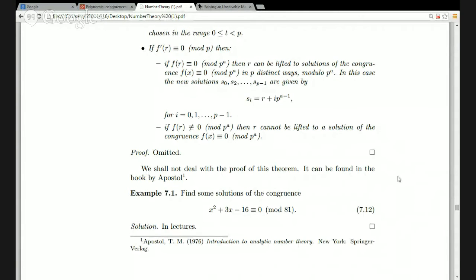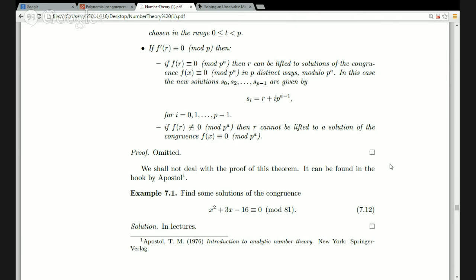So s equals 7 is a solution to f of x congruent to 0 modulo, now we're up at 27, 3 cubed. Remember, when I said f of 7 was 54, 54 is 2 times 27. So we've one more step to go.